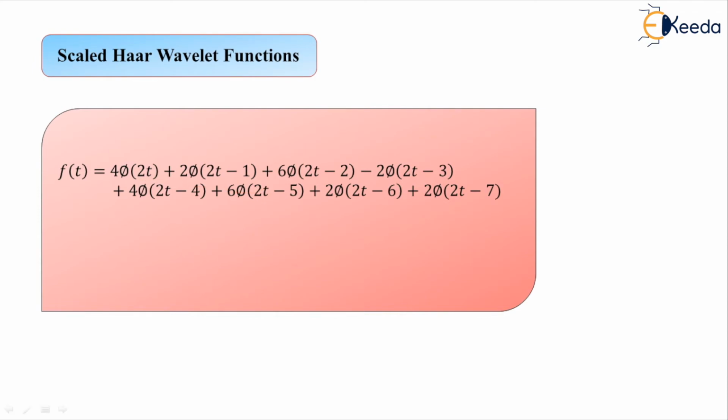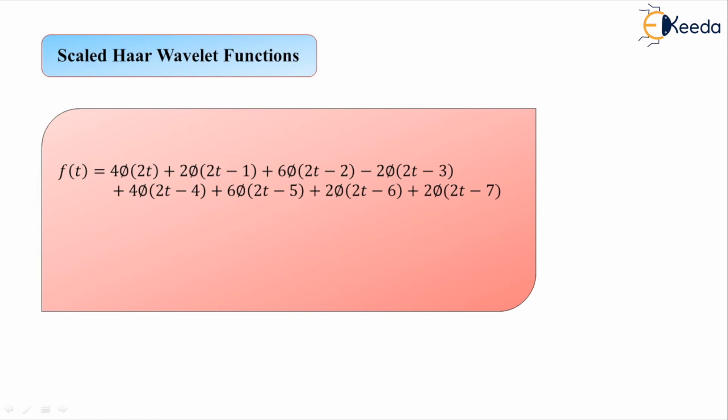Next to that, 6 times phi of 2t minus 2 minus 2 times phi of 2t minus 3. Further added by 4 times phi of 2t minus 4, added by 6 times phi of 2t minus 5. And lastly, we have 2 phi of 2t minus 6, added to 2 phi of 2t minus 7 here.